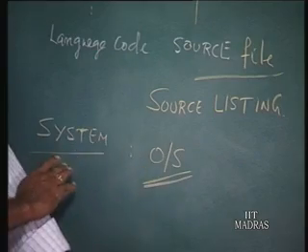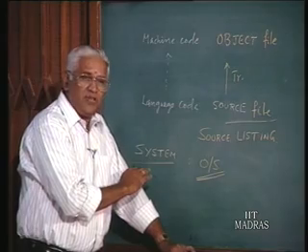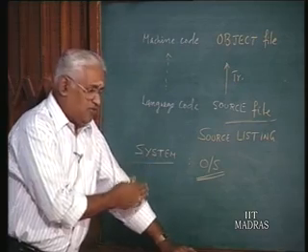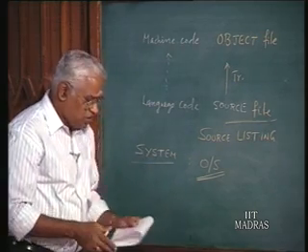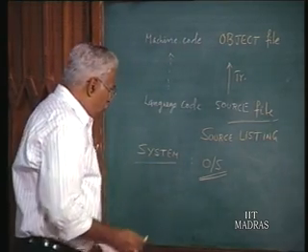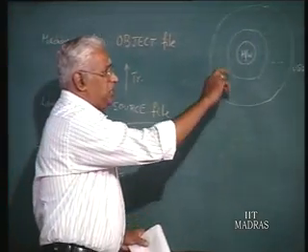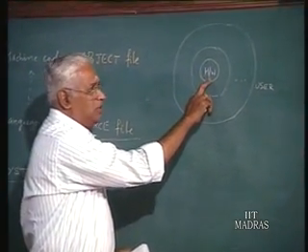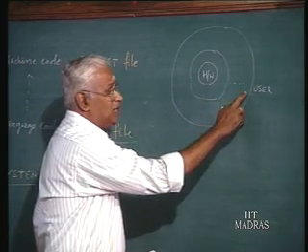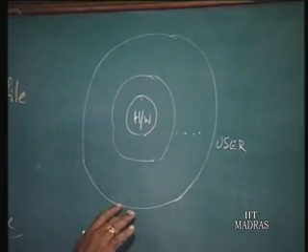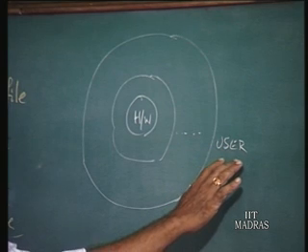Inside in the core you may be having the same processor, but then you can also end up with different operating systems. Good. Then, we may say that starting with the machine hardware core, we are going on adding layers, and then we are talking about a system with which the user deals.